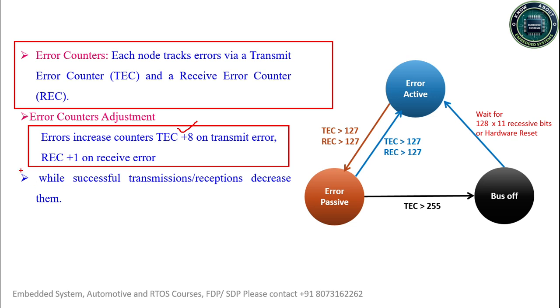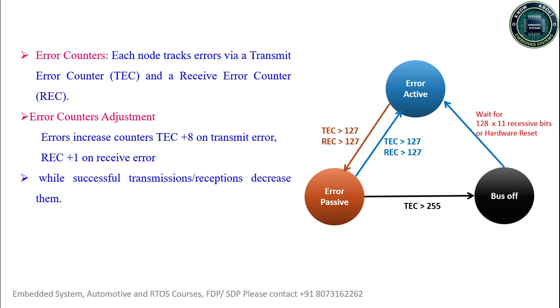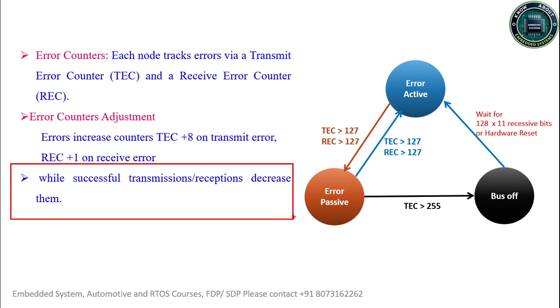And let us assume there is no error in the ECU, and ECUs are running without problems, then the error counter will decrement. While successful transmission or reception, TEC will decrement by 8 and REC will decrement by 1.